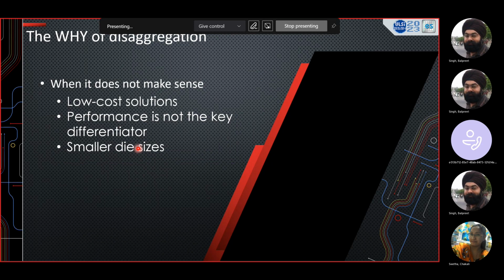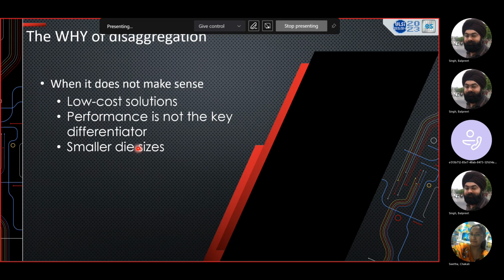I have a slide here which says when it does not really make sense to do disaggregation. Obviously the pros look a lot better than the cons, and that's why the entire industry is moving towards disaggregation. But there are certain niche areas where we believe it's probably not a good idea to go for disaggregation, especially low-cost solutions, because of the amount of complexity you need to deal with: the tools and flows, the methodologies, the overall global solution, the partitioning, the die-to-die stack.